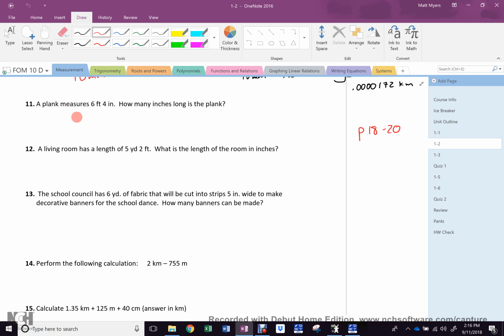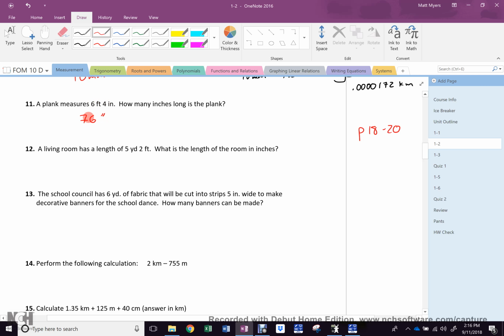All right. The plank is 76 inches long. If you need it explained, stop me. Wait, what? The plank is 76 inches long because 6 feet is 72 inches, plus 4 more is 76.